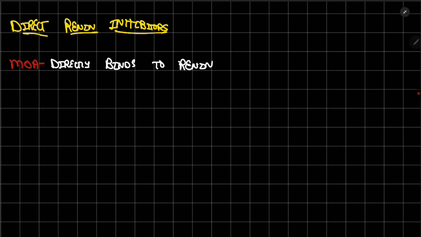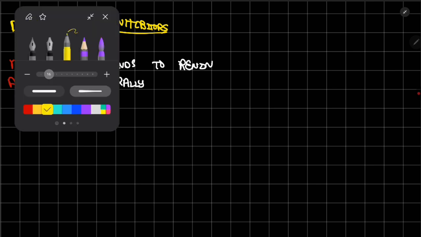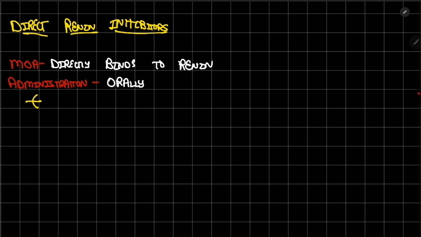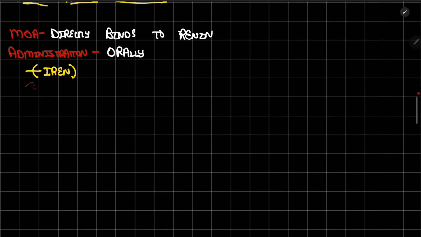Now the mechanism of action is done, then the administration. It is administered orally. And what is the name? These drugs will end with the suffix iron.